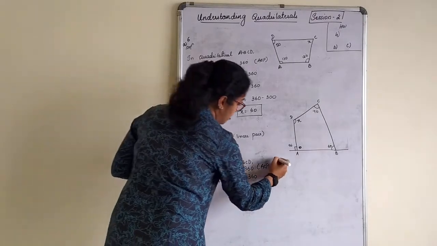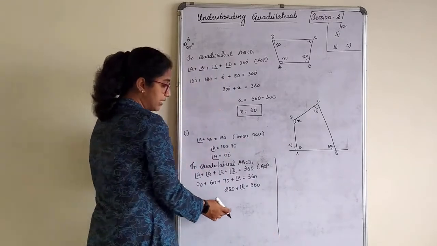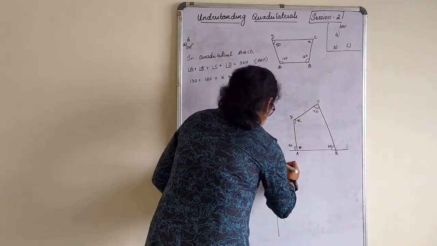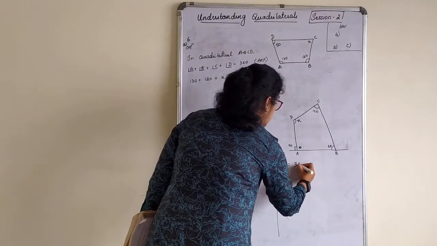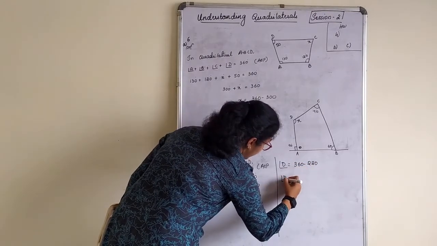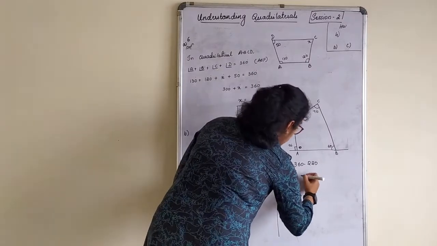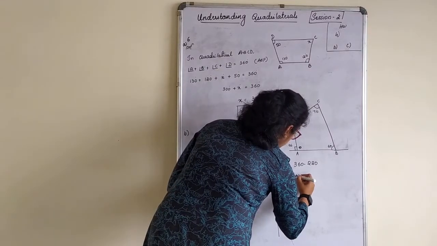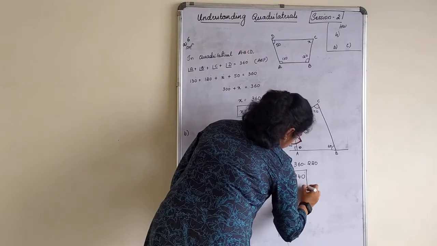I'll do this on this side, children, because if I write below you cannot see it. So angle D is equal to 360 minus 220. Subtract it. Angle D is equal to 140 degrees.